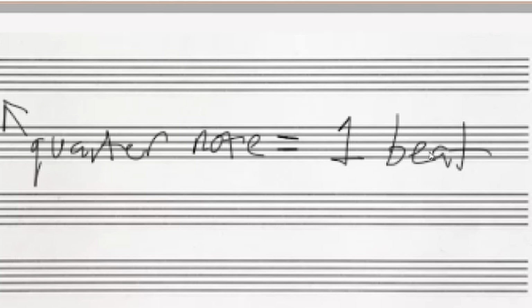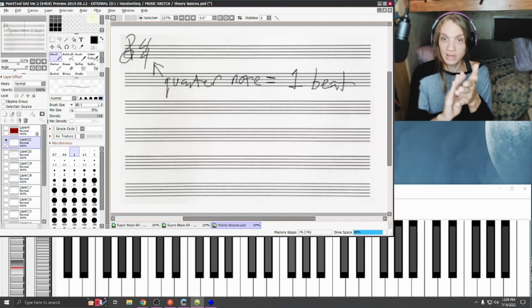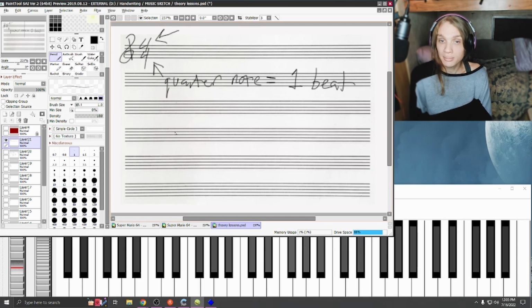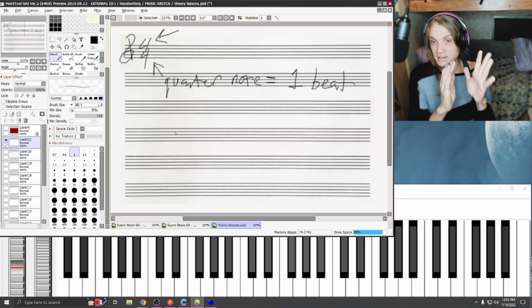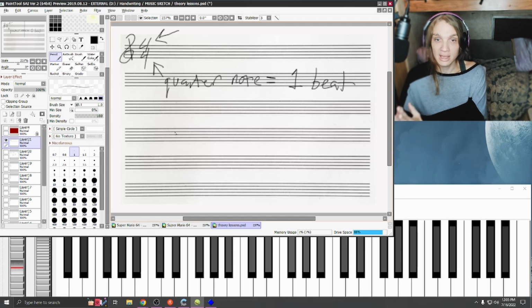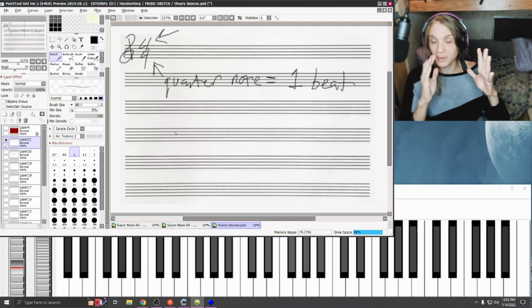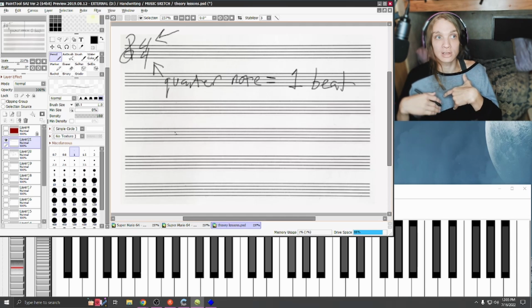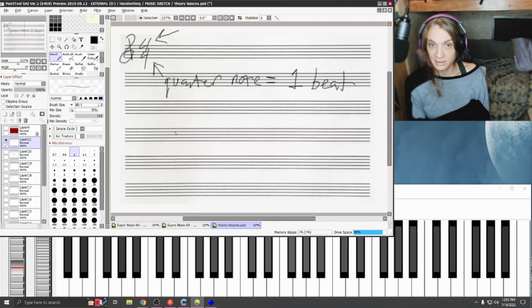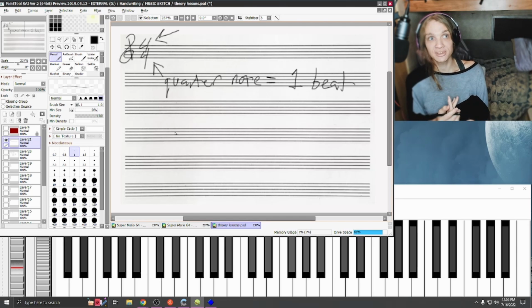And a beat is basically the metronome. 1, 2, 3, 4. So the top number is how many beats per measure. And a measure is just a visual tool so that you can understand and delineate a piece of music into bite-sized chunks so that you can read them and understand them so that you can play them, hopefully from memory.